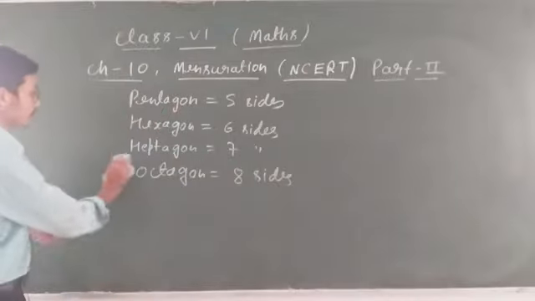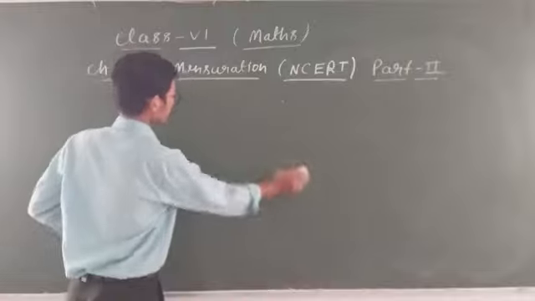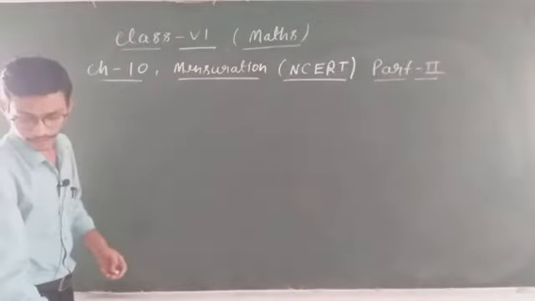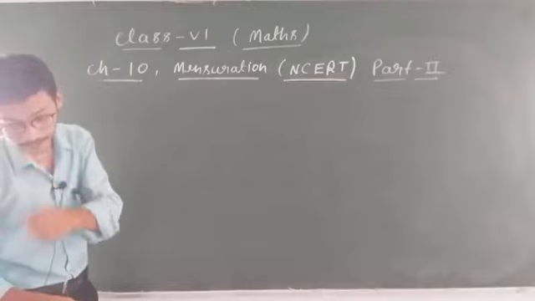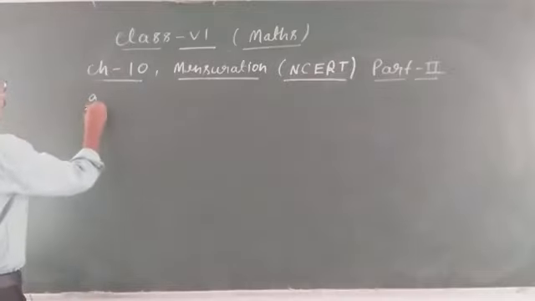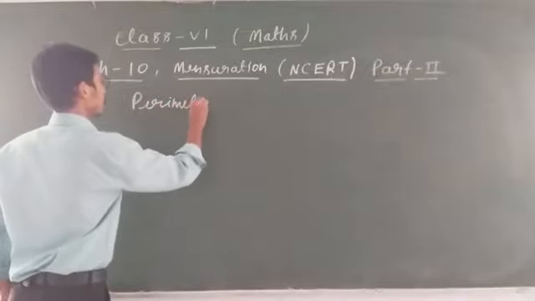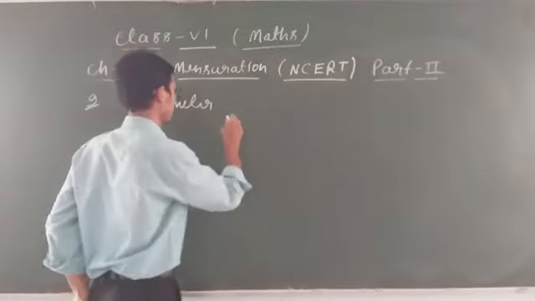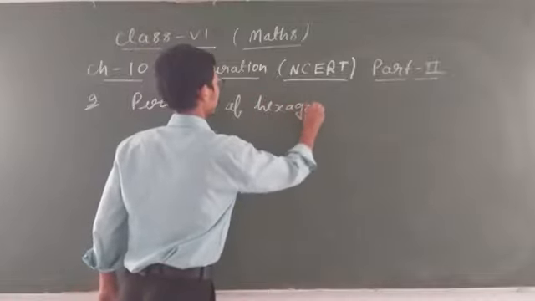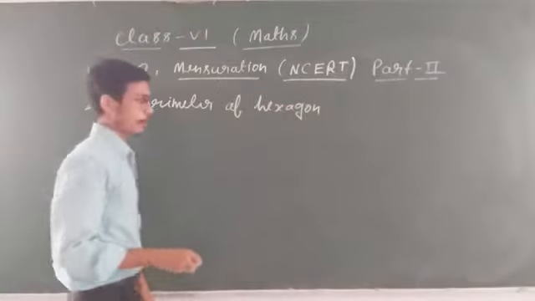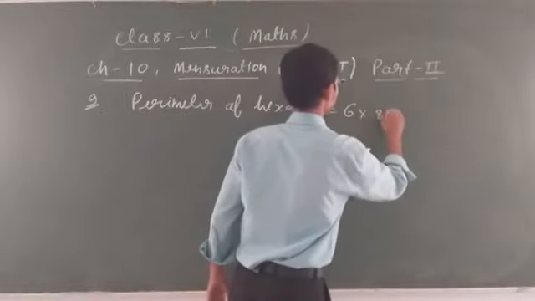So now come to the question, and this is very important. Write down in your copy. Next is given: find the perimeter of a regular hexagon with each side measuring 8 meter. Very easy question. So you will write down perimeter of hexagon. Clear student? So perimeter of hexagon is equal to 6 multiplied by what? Side.